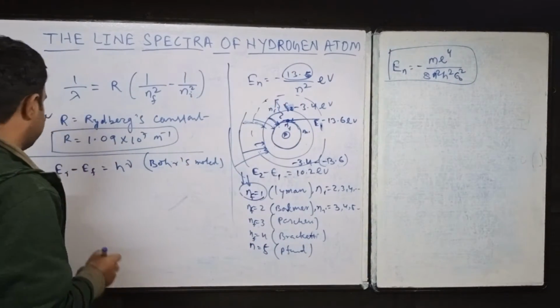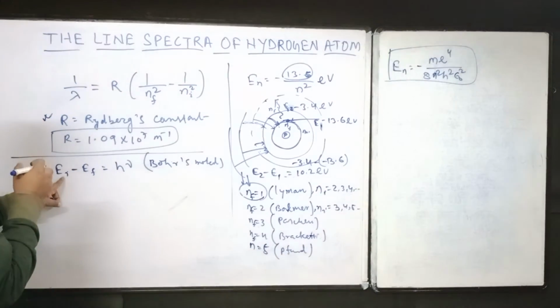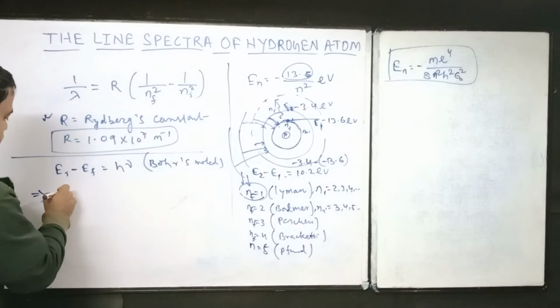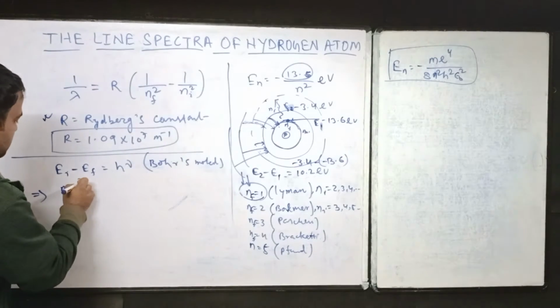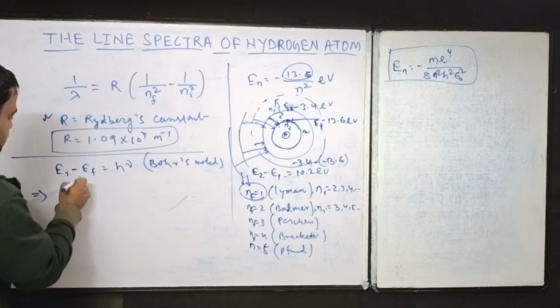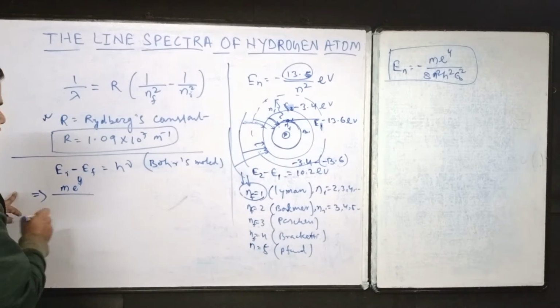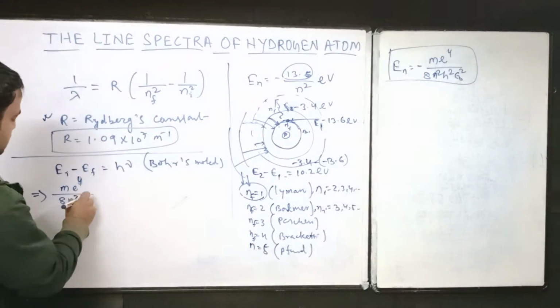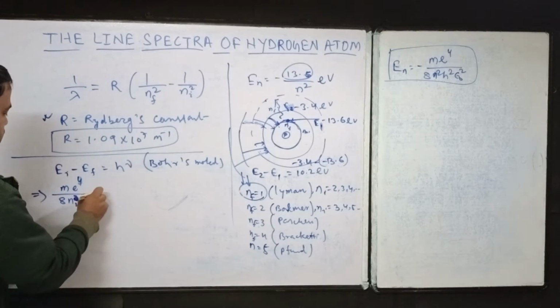If we use it here, your Ni has a negative sign, that means Nf will come first. So we can take m e to the power 4 as common, or you can write this as 8 Ni square h square epsilon naught square.